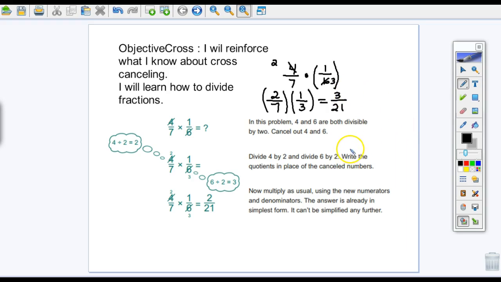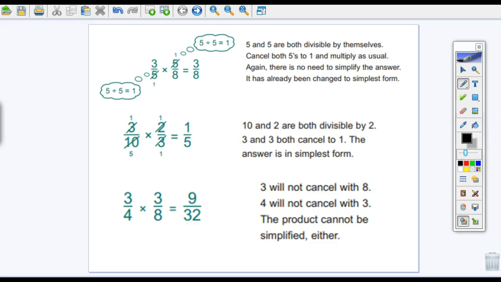Okay, so hopefully you have this all copied down. I'm going to go on to the next slide, and we're going to look at 3 other examples. This first example is really exactly what we just did. Here we looked at these numbers, 3 over 5 and 5 over 8. Now 5 and 5 can divide by themselves.